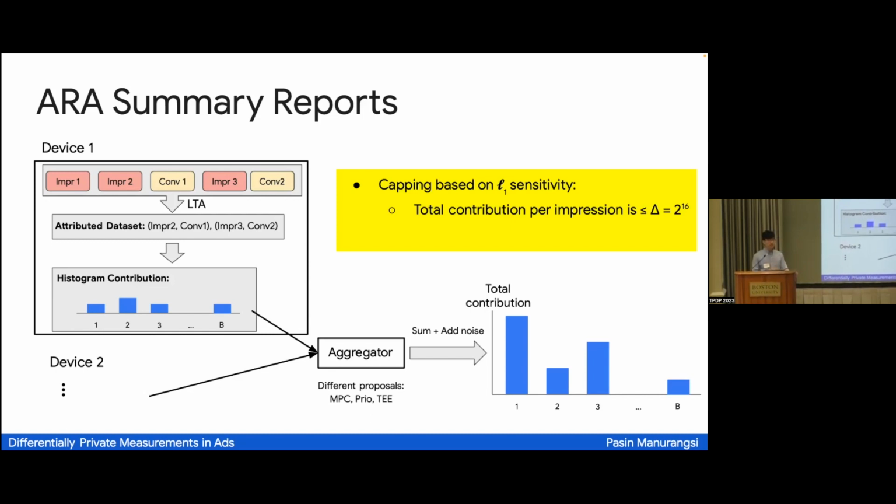So for each impression, you can specify the histogram contribution, and the histogram contribution has to have L1 sensitivity at most a certain big delta here, and in the API it's set to be some fixed value like 2 to the 16, but it's not too important for the purpose of this talk. And eventually, what the aggregator does is that it adds Laplace noise scaled by this delta over epsilon.